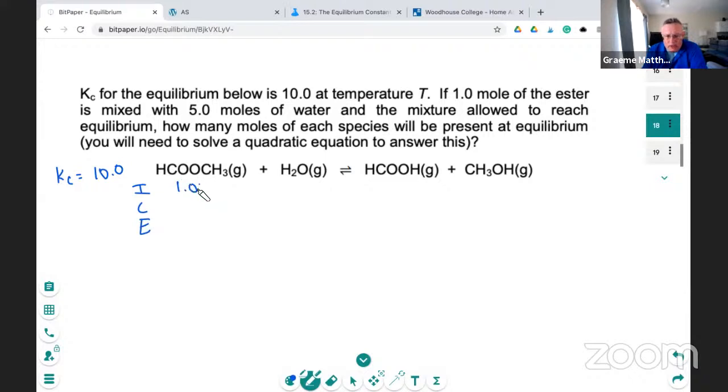You'll do esters in year 13, but this is your ester. So 1 mole of this, and you've got 5 moles of water like so. The mixture is allowed to reach equilibrium, dynamic equilibrium. How many moles of each species will be present at equilibrium?